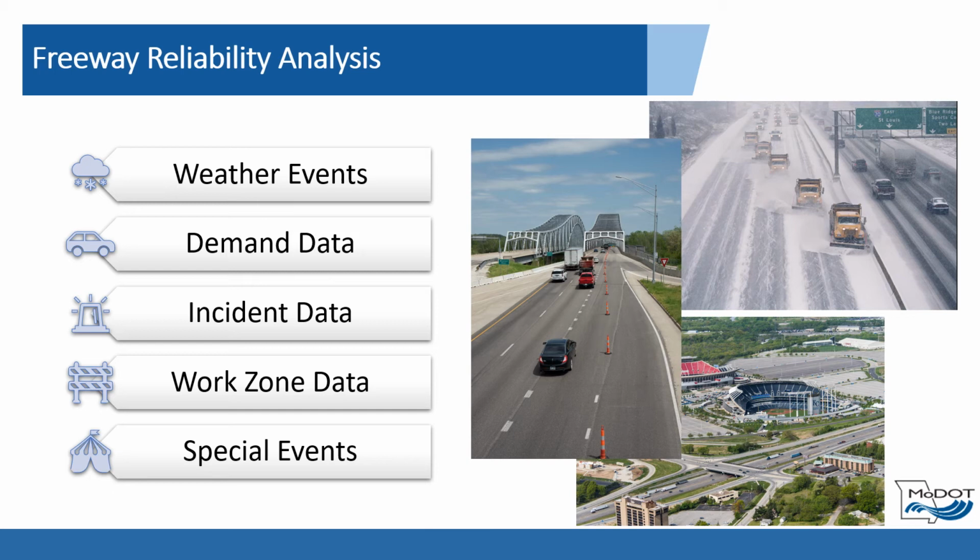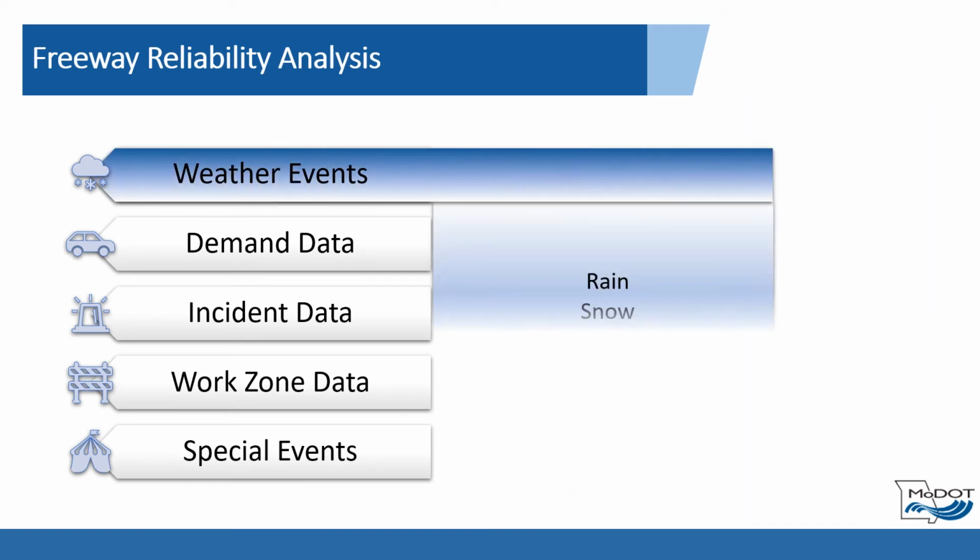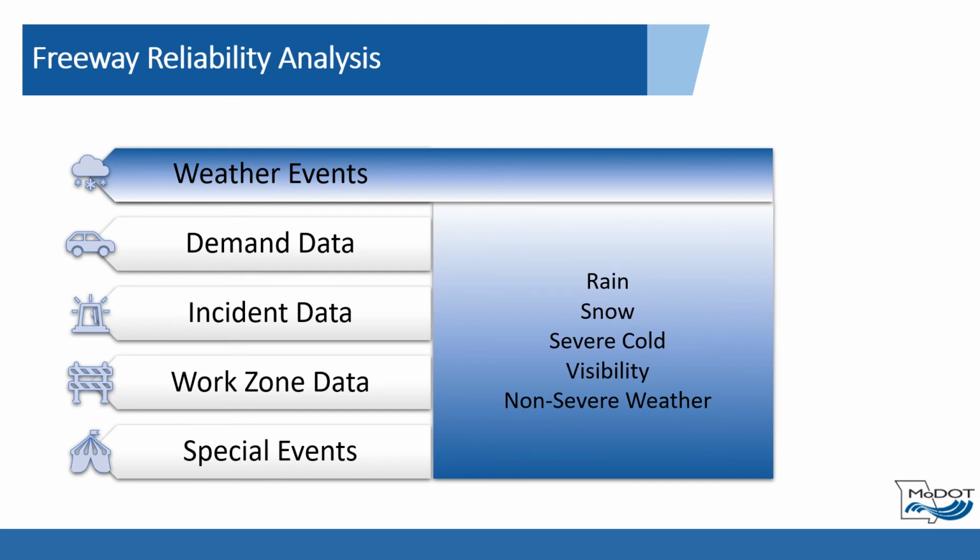Influencing variables and events include weather events, demand data, incident data, work zone data, and special events. For example, adverse weather events may negatively and directly affect travel times by forcing drivers to reduce their speed or indirectly by increasing incidents.